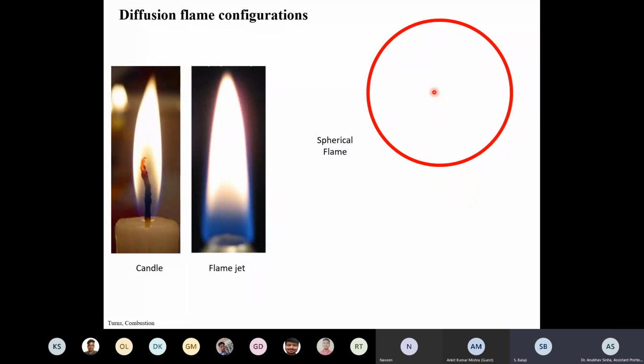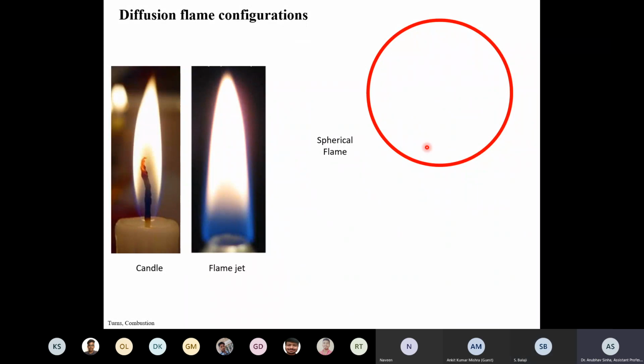Or the reverse, filling it with oxidizer and injecting just fuel at the center. How can you maintain a perfect sphere of something at the center? It will anyway mix, right?